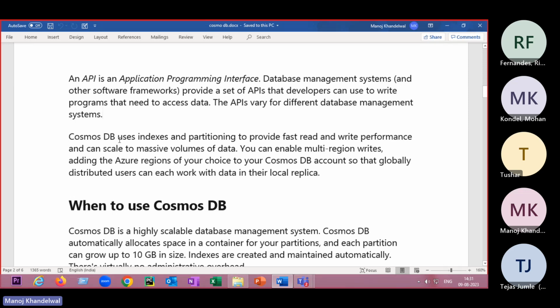So Cosmos DB uses indexes and partitioning to provide fast read and write performance and can scale to massive volumes of data. Indexing, you know that. We have studied indexing, right? What are the different types of indexes you have studied? Do you remember? Types of indexes?